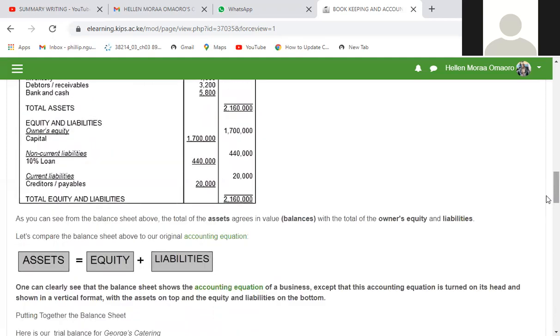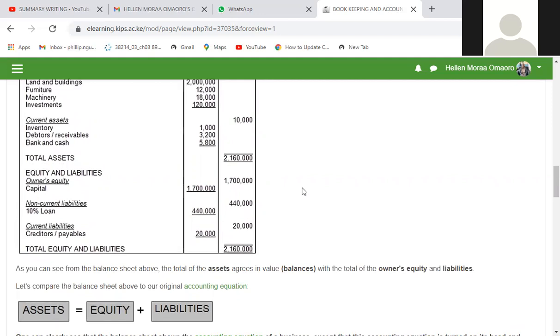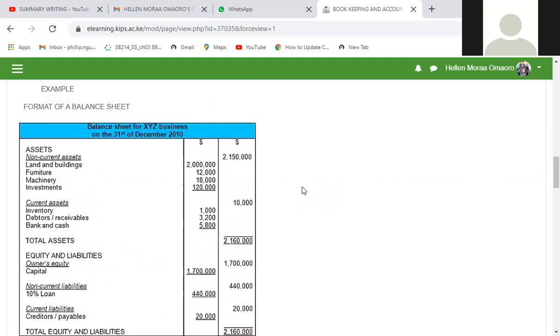So we have total assets as 2,160,000. Then we have total equity and liabilities, the same figure. So in that case, you can say that that business is balanced. So when the business is balanced, we call it a stable business.